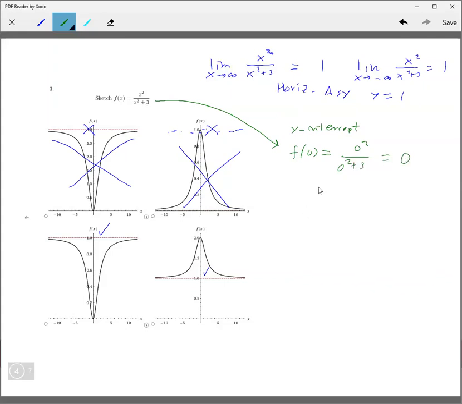That's going to be 0. So it's going to go through the point (0, 0). So you look for the graph that goes through (0, 0) right there. And this one doesn't, so that means this graph is out. And this is the only graph it can be.